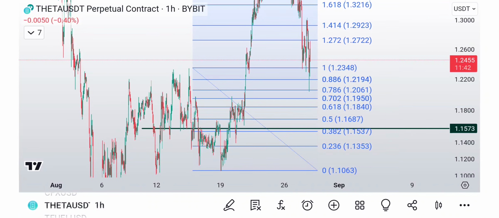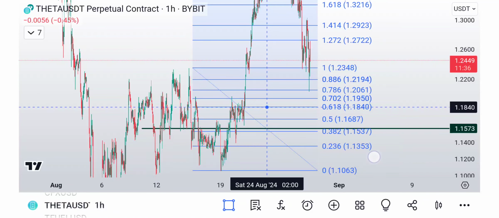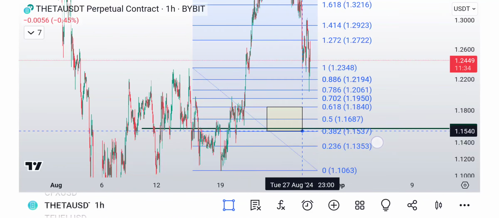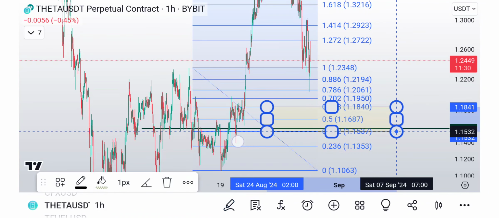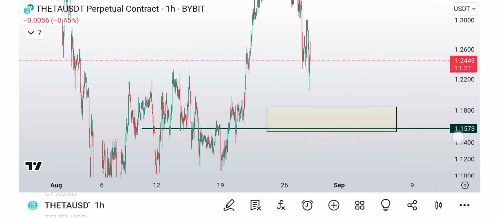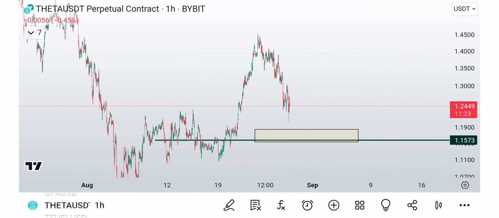Okay, so this area right here between $1.18 and $1.15, that would be the big area where we need to hold.